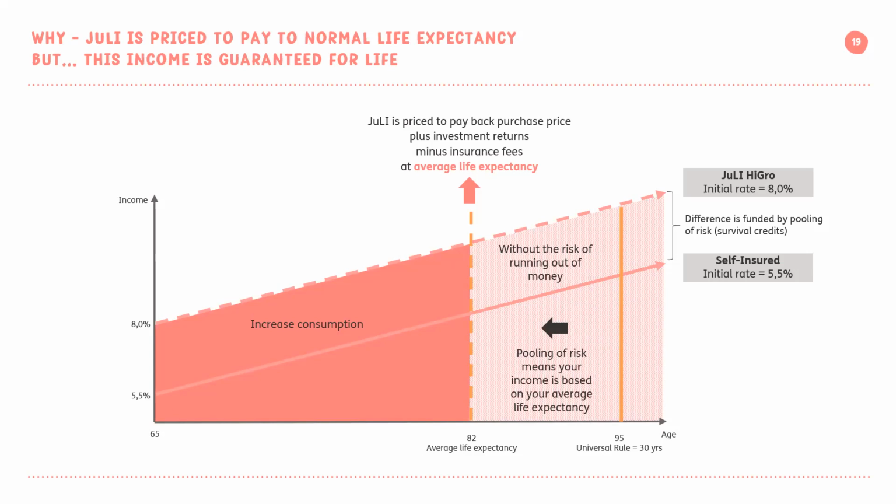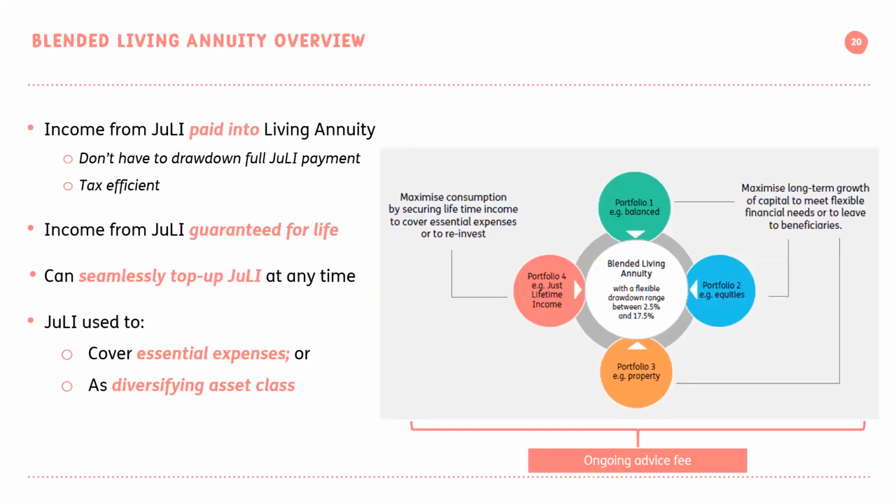So this graph is an important graph illustrating that we do believe there is a place for guaranteed life annuities in retirement. However, we're not saying that a retiree should put all their money in a guaranteed life annuity. And that's where the blend comes in, because blending is an ability to combine the guaranteed life annuity with a living annuity.